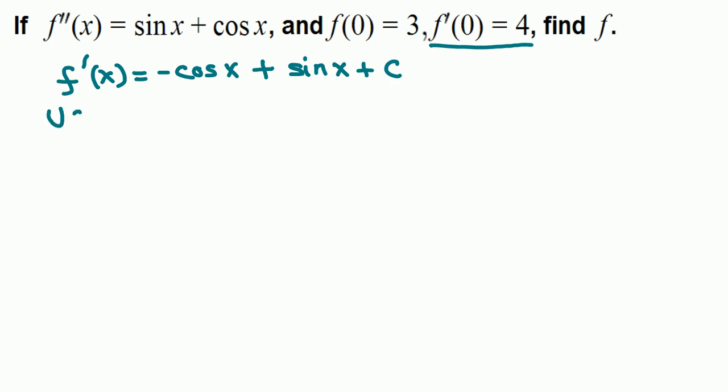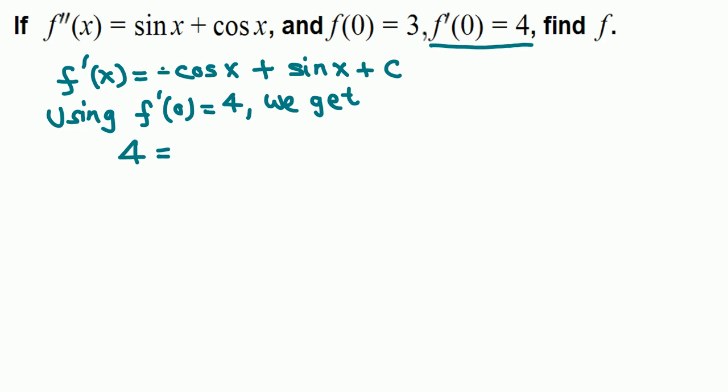Using f prime at 0 equals 4, we get 4 equals negative cosine 0. What is the value of cosine 0? That's 1, plus sine 0, sine 0 is 0, plus c, so that gives us c.